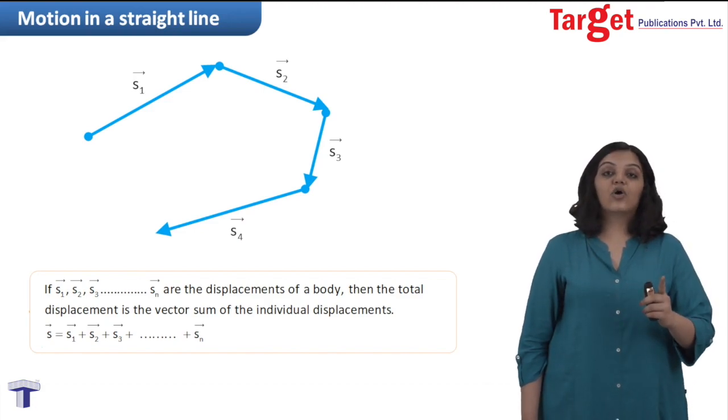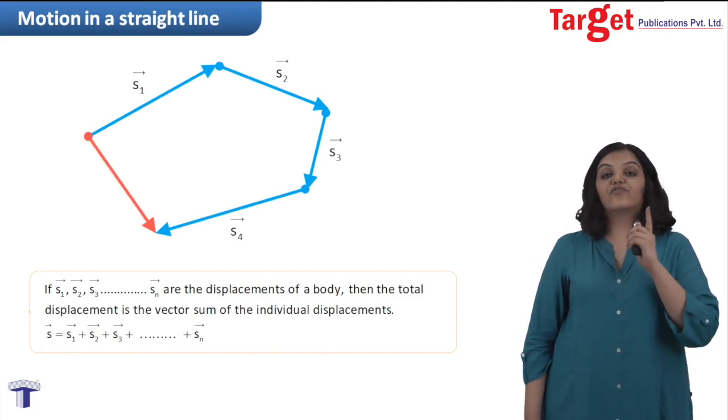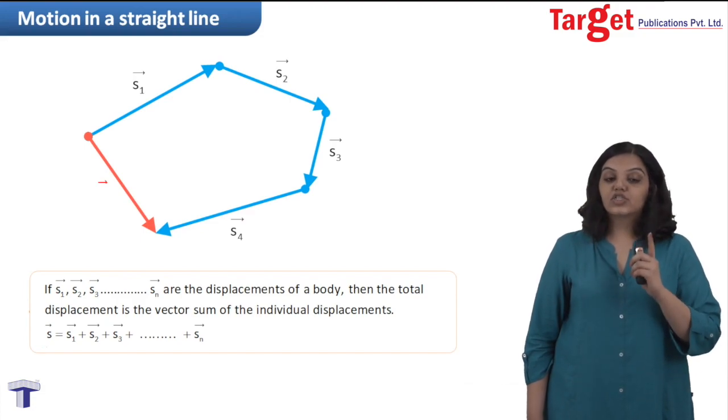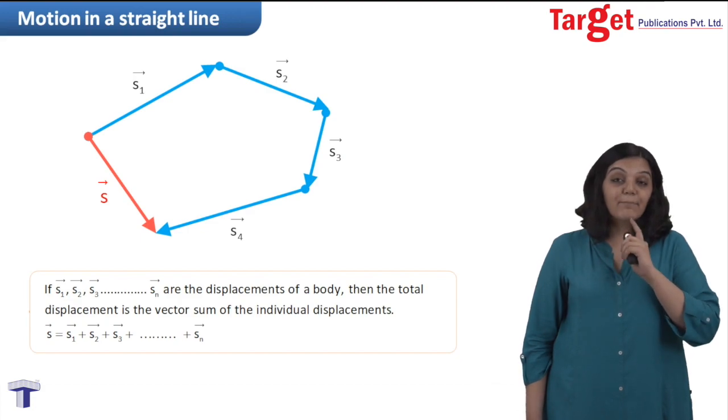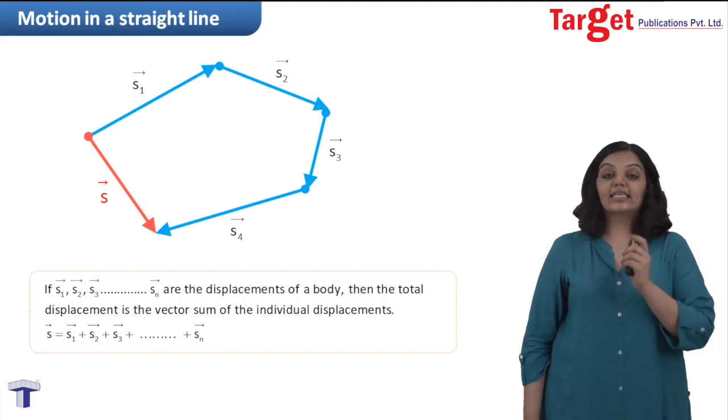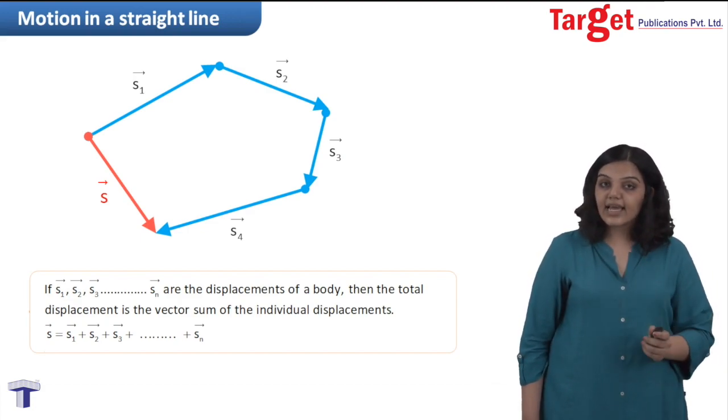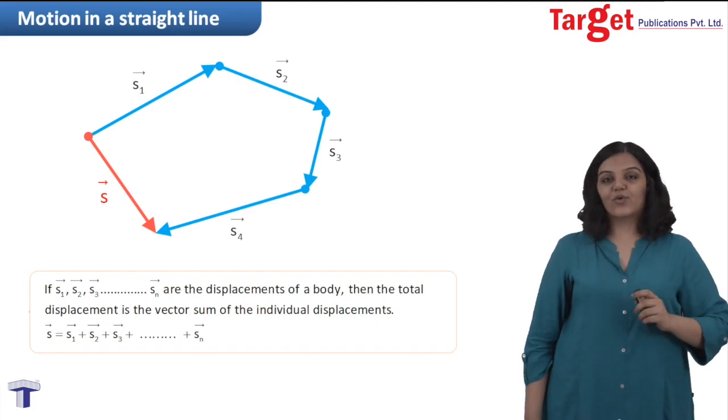That is, the vector drawn from the initial position to the final position gives you the total displacement S. And in this way we can see that this is the biggest difference between distance and displacement. Distance is a scalar while displacement is a vector quantity.